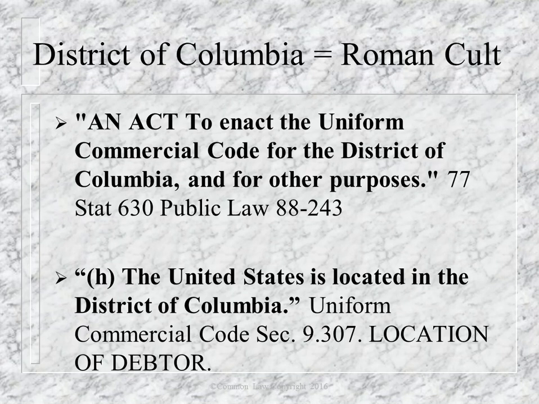This is an act to enact a uniform commercial code for the District of Columbia and for other purposes, located at 77 Stat 630, Public Law 88-243, and in section 9.307, paragraph H, it says United States is located in the District of Columbia. Okay? So when they say District of Columbia, they mean United States.